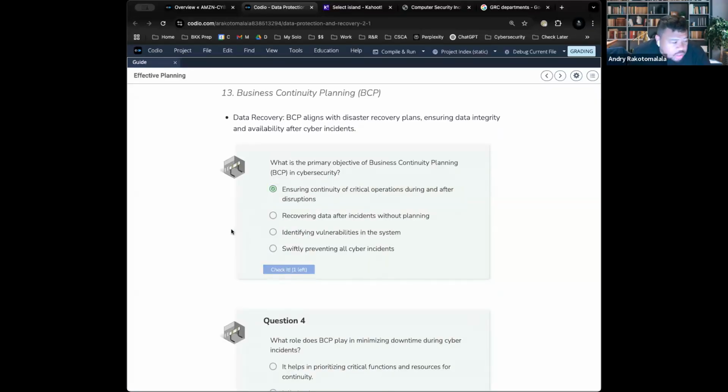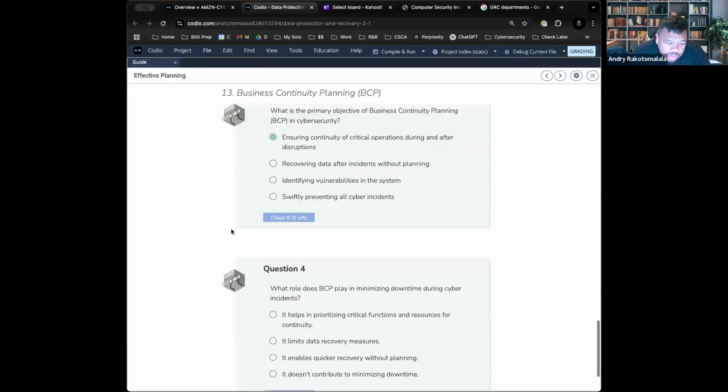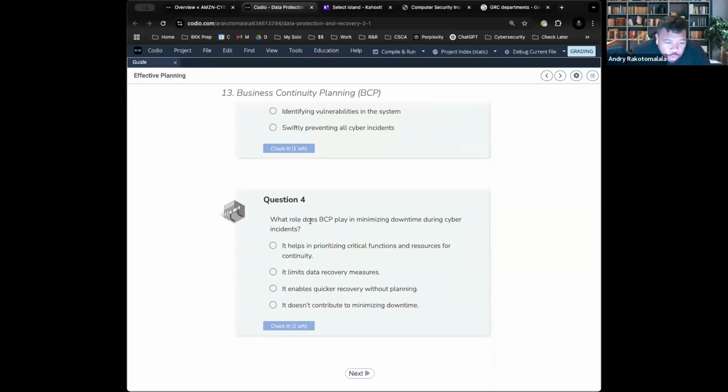It is to ensure the continuity of critical operations. Very good job. What role does BCP play in minimizing downtime during a security incident? For the second question, A, B, C, or D? Okay. A lot of people said A. Well done. That is correct.